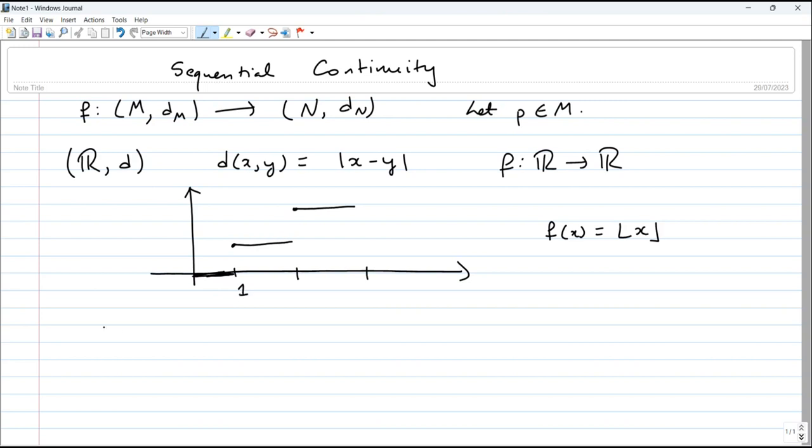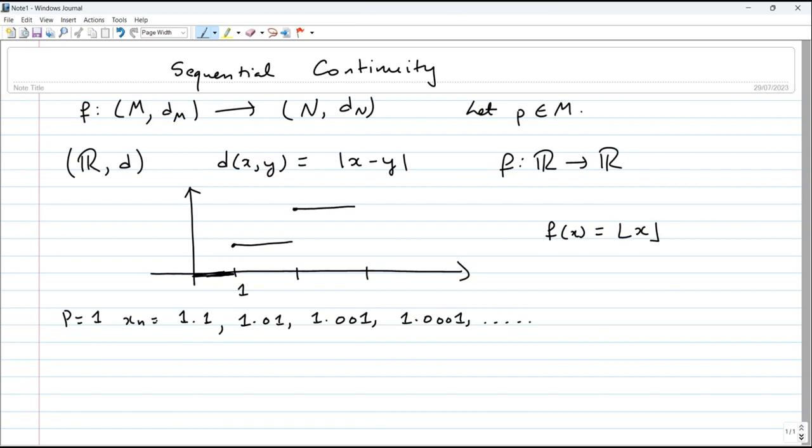Let's look at the point 1. So let P be the point 1. If we look at a sequence that goes towards 1, for example 1.1, 1.01, 1.001, 1.0001, and so on.